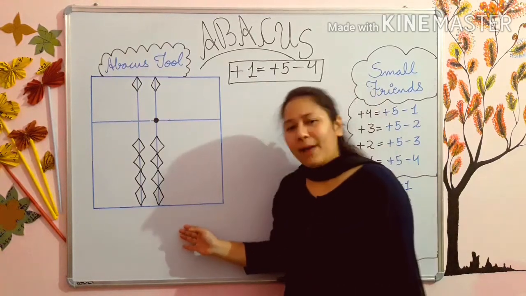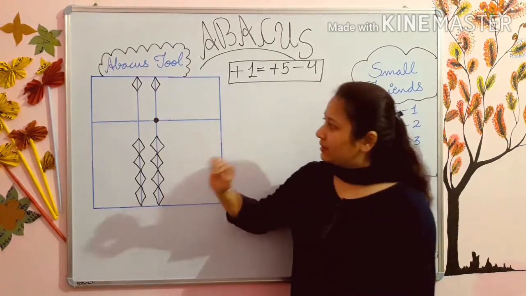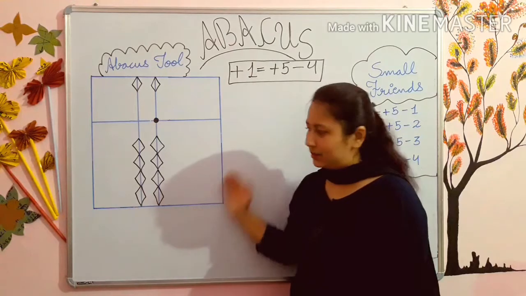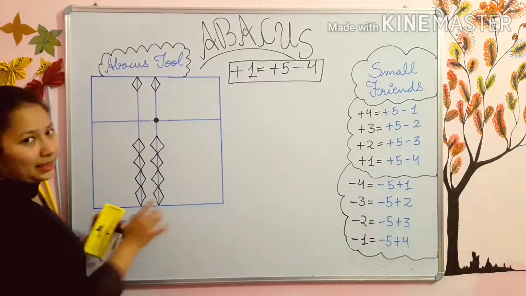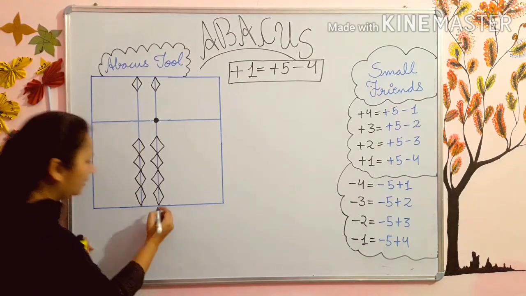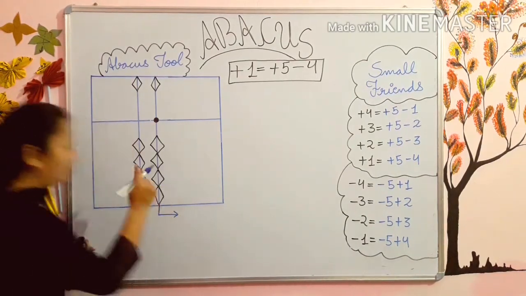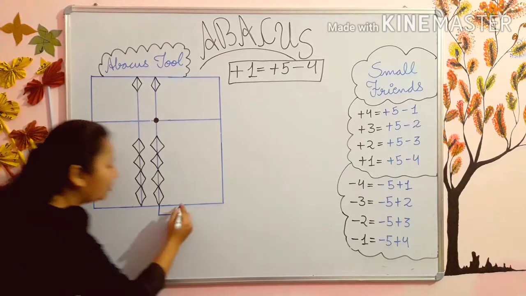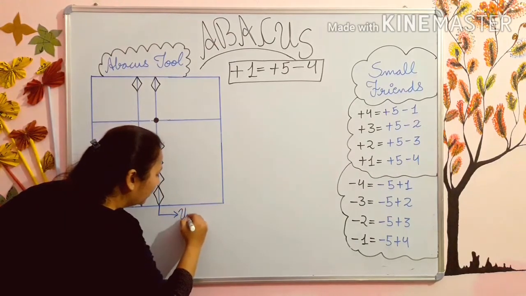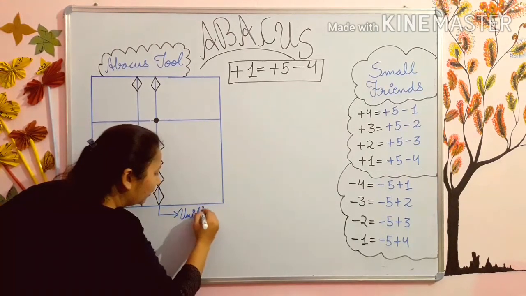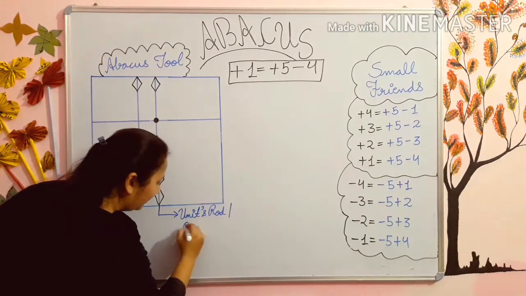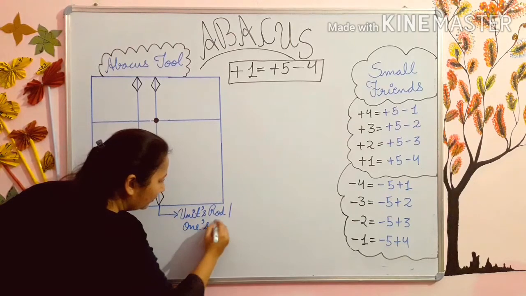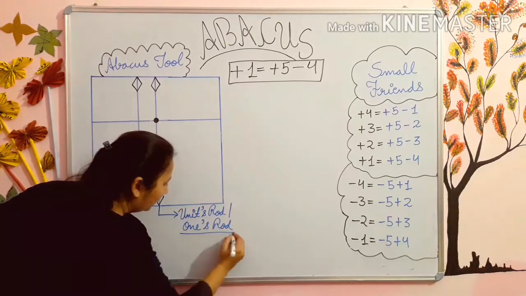I will discuss the Abacus tool with you. As you can see students, I have drawn the Abacus tool on the whiteboard. First of all, we will label it. This rod, the mid dot rod, is called the units rod, or we can say ones rod.